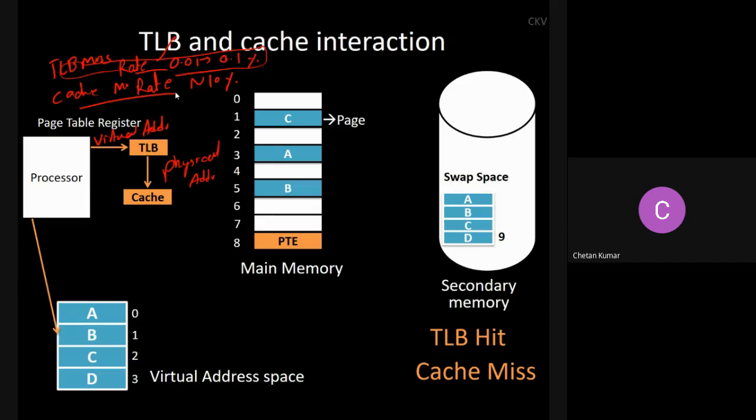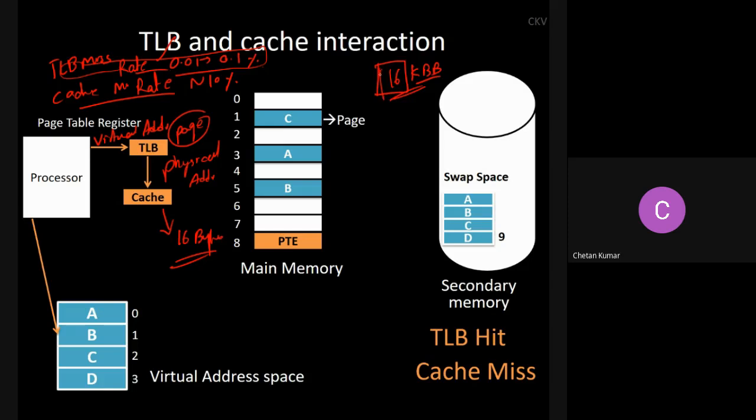Because of the large page size. Yeah, exactly. The TLB has page translation information, and a page is a bigger block. It will be in terms of KBs, whereas in the cache, the size of each block will be maybe 16 bytes or so, whereas here you might have 16 kilobytes.